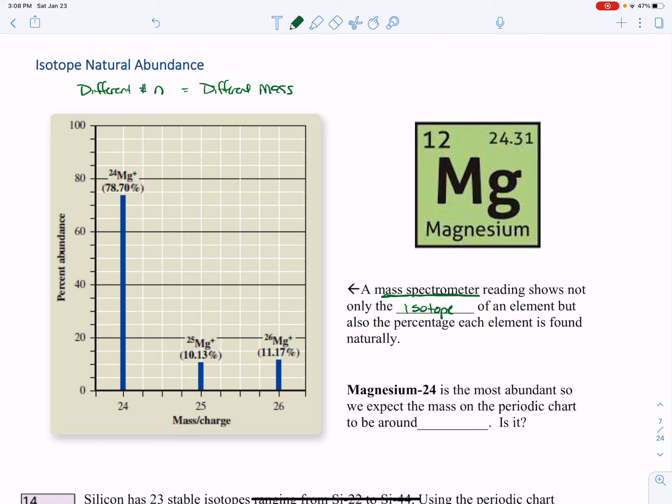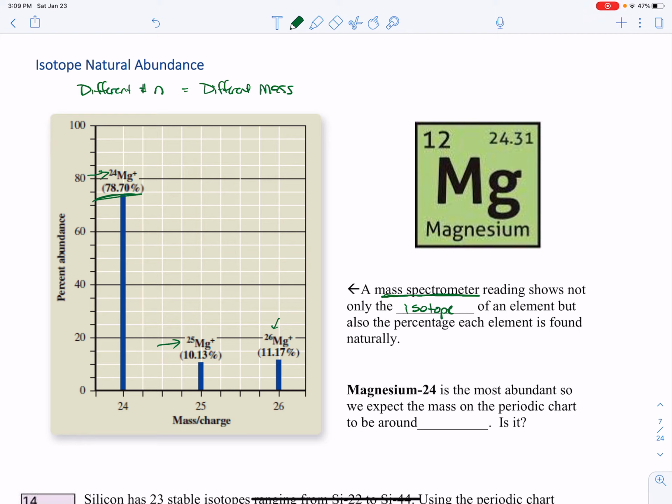So if you got 100 atoms, which would be really hard, 79 of them will be magnesium 24, that's the protons and the neutrons. And then 10 of them would be magnesium 25, and 11 of them would be magnesium 26.